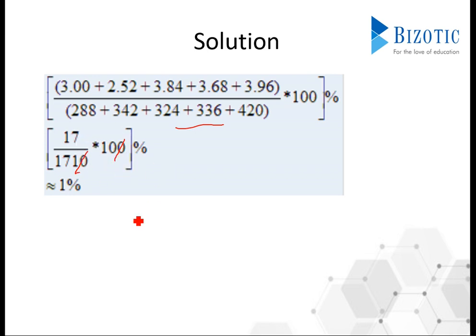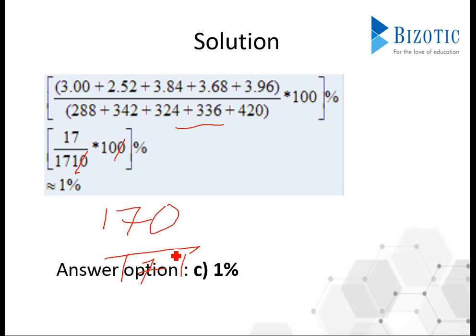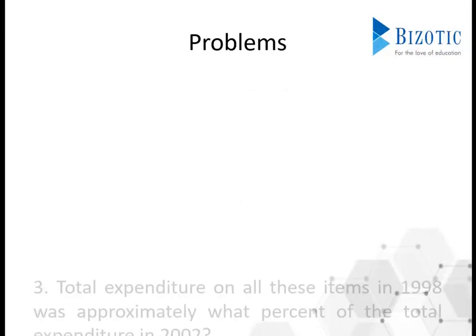Now look at this carefully. 170 divided by 171, and this value is very close to 1. So something like 0.9941 will come. So approximate it to 1, which will give you the right answer. And now let's move on to the next question.